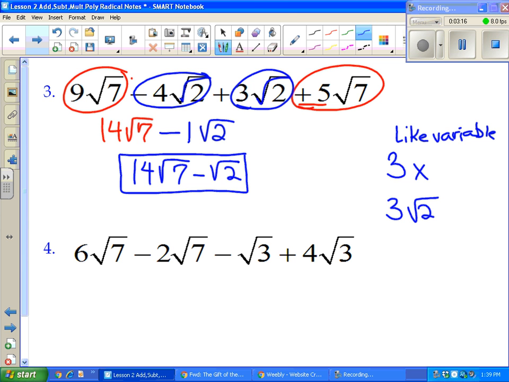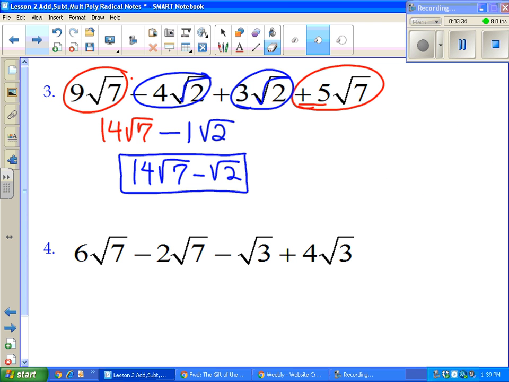If you just have x, then there's understood to be a 1 there. But if you have square root of 2 with nothing in front, it's understood to be a 1 there also. So like variables is how we try to look at square roots, in the same way we do with variables.